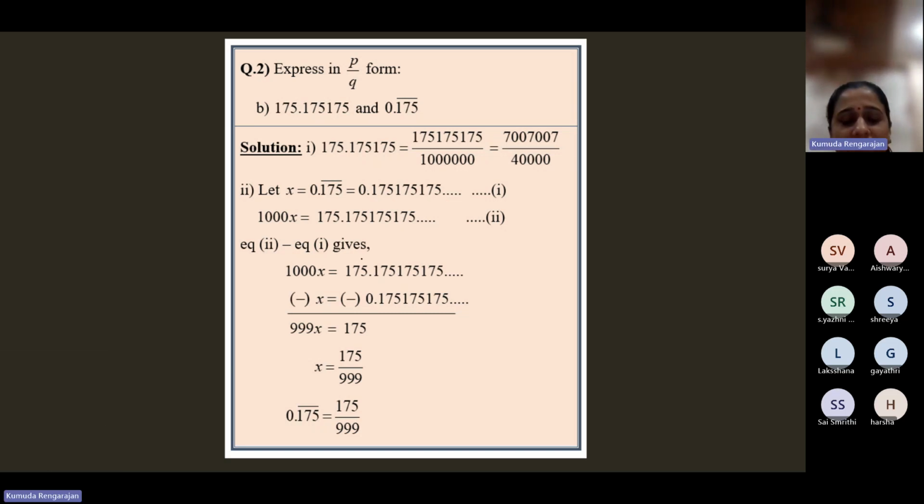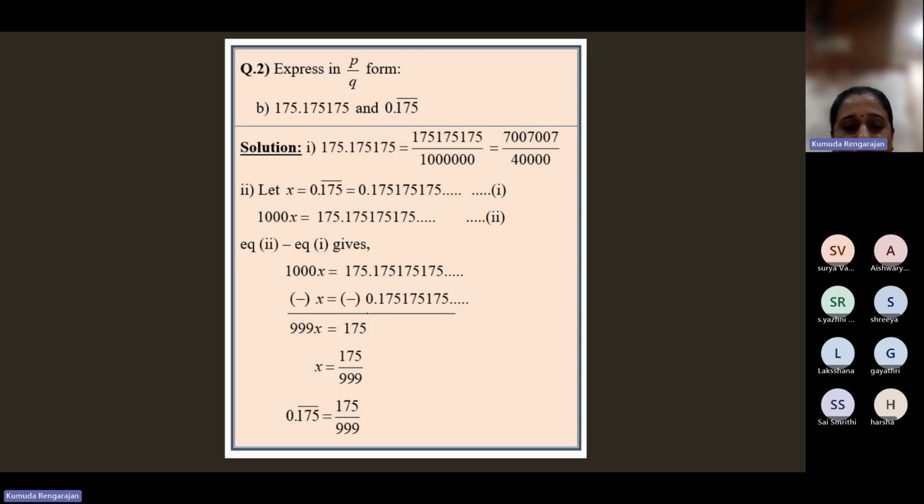Now equation 2 minus equation 1 gives, write them one below the other and subtract. So 1000x minus x is 999x. And when you subtract, the decimal portion is 175175175 in both, so it gets cancelled.